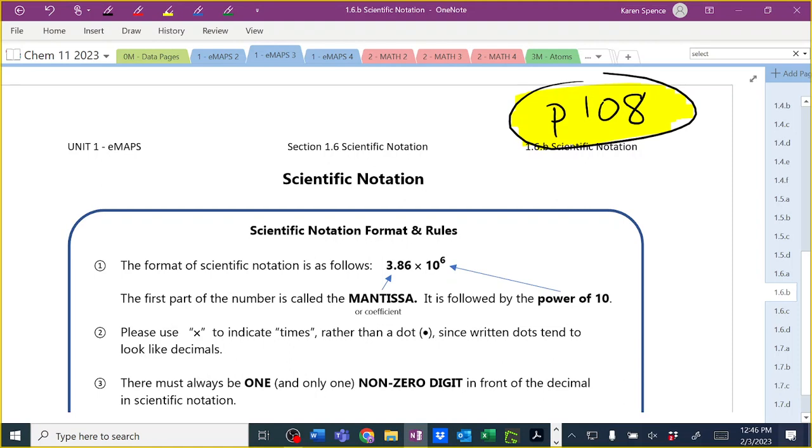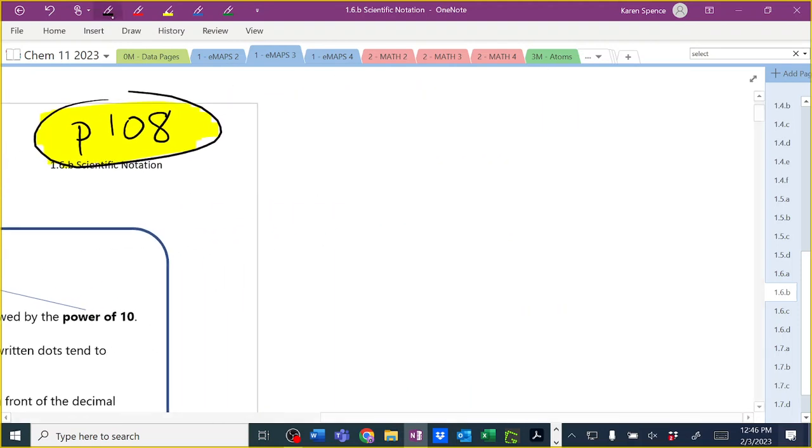So if you were away yesterday and if you have not done significant figures in physics yet, I'm going to do just a brief recap of what significant figures are, okay?